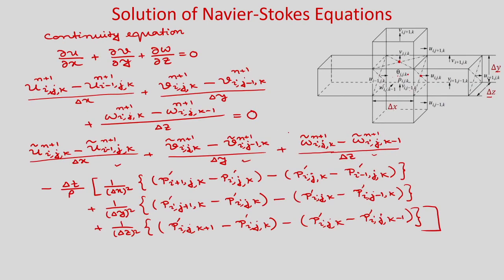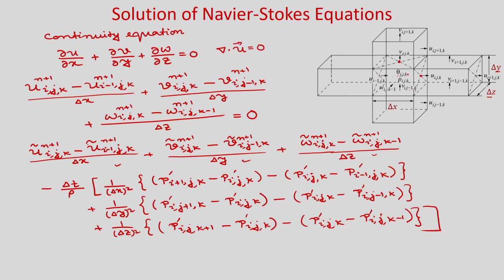So, you can write these three terms in divergence form. After rearranging, you can write divergence of u tilde vector. This is the divergence, because divergence of u is equal to 0.